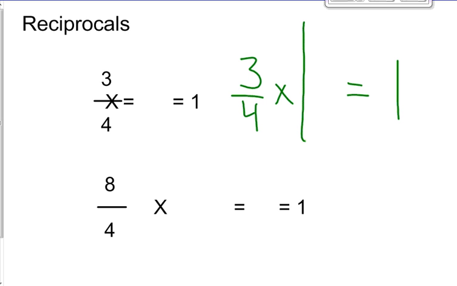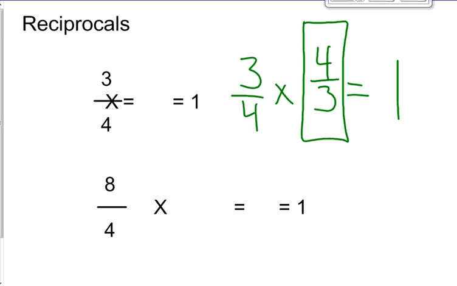So we want to understand what we are going to multiply by right here to get an answer of 1. And that's where the idea of reciprocal comes in. In a reciprocal, we're going to take our fraction 3/4 and flip it over. And so 4/3 is the reciprocal of 3/4.